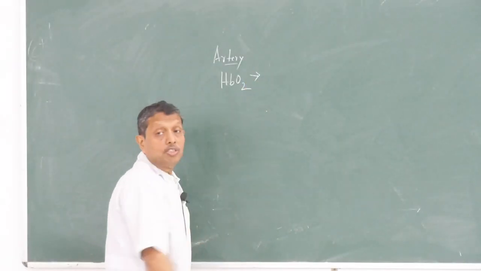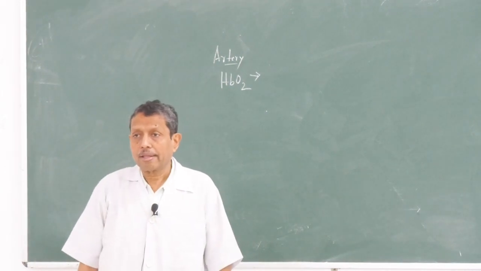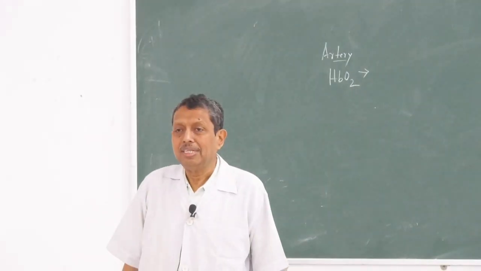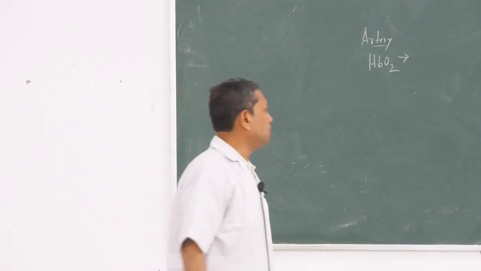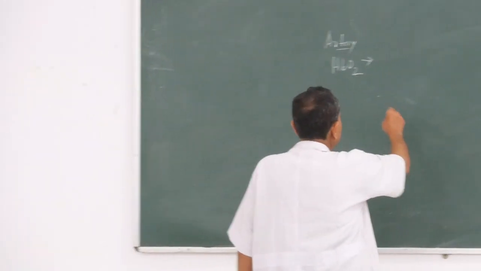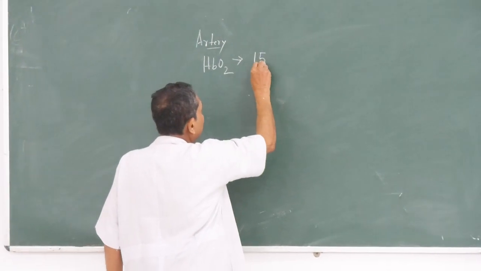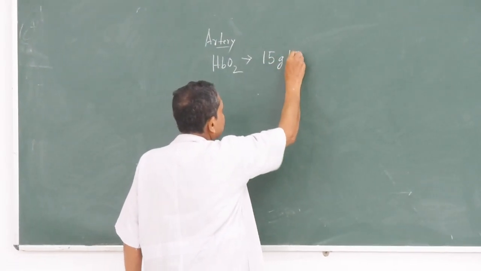Then you have to know the concentration of hemoglobin. It is to some extent more in the male than in the female. But on average, irrespective of sex, it is 15 gram per deciliter.